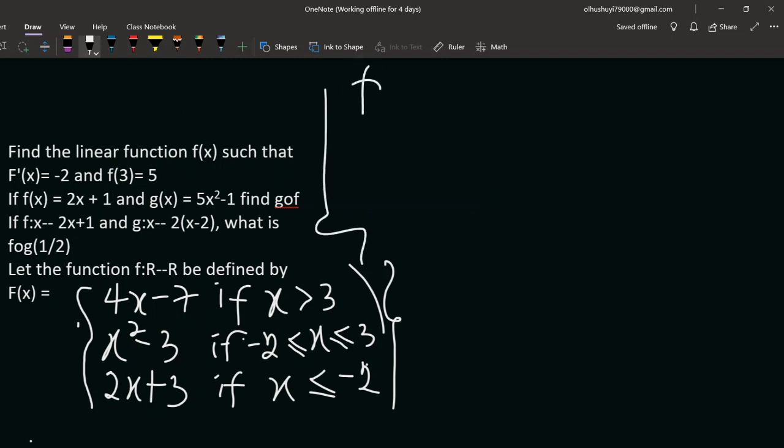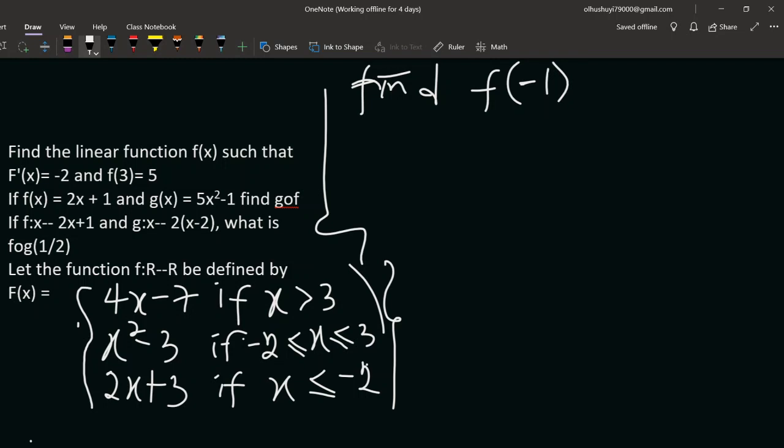It says find f of minus 1. Now going by the conditions that bound the function, we have 4x minus 7 if x is greater than 3, and 2x plus 3 if x is less than or equal to minus 2.